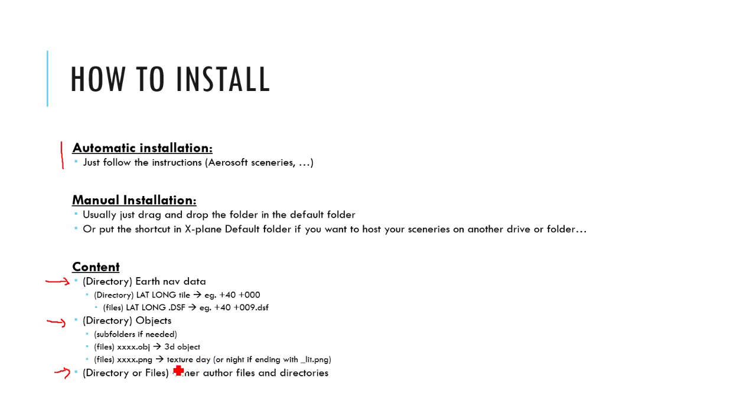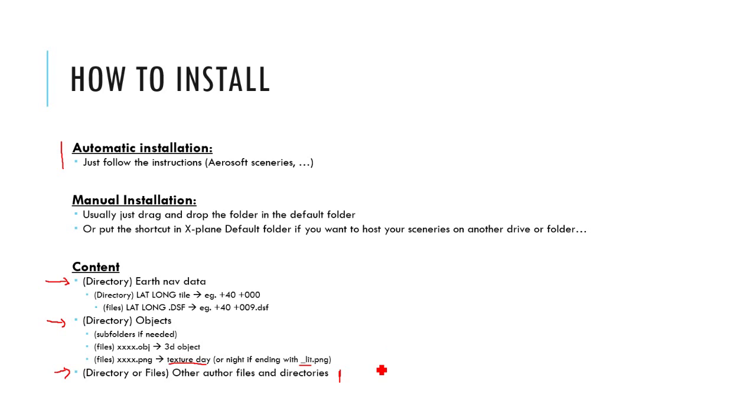If you have only blah blah blah.png, it will be a texture for day conditions, and you will also find the same kind of naming with underscore lit. The underscore lit just means that this is the night texture for the same object. Then you could find other directories and files under the main folder that you will extract in the custom scenery, but that just depends on the type of folder that you're extracting.